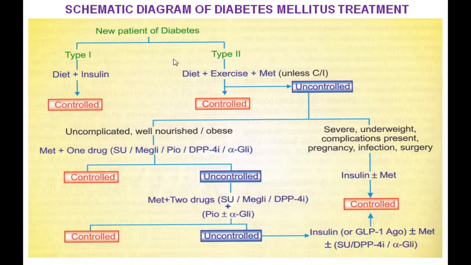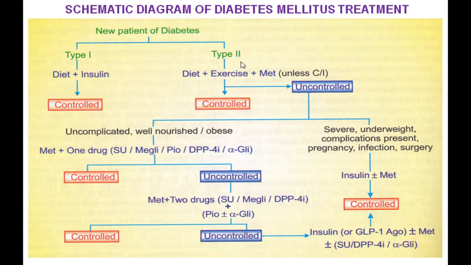They are divided into type 1 patients and type 2 patients. In type 1, we use diet plus insulin. The situation is controlled, or there may be incorrect choice of insulin and insulin therapy.